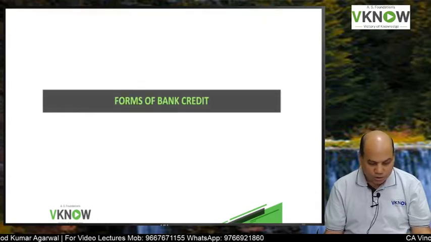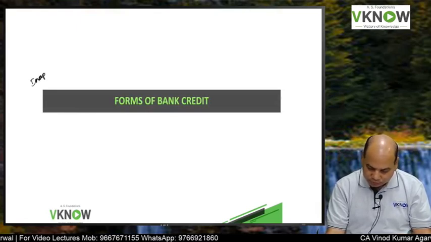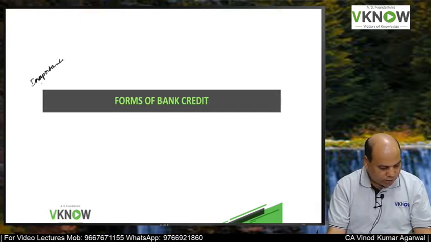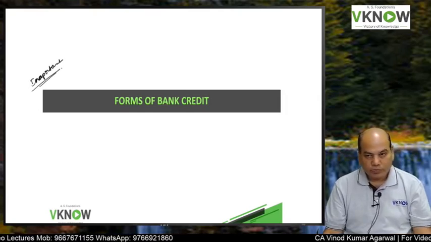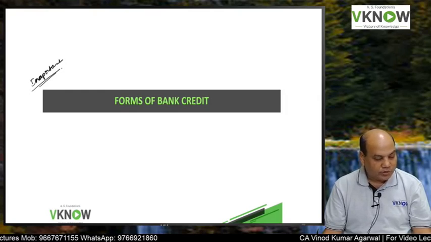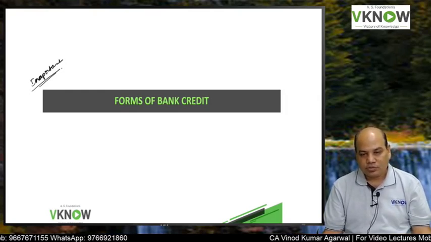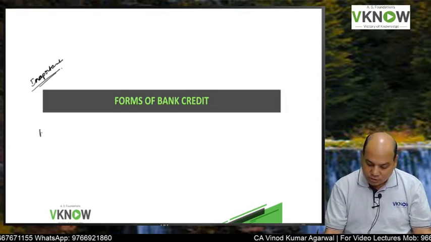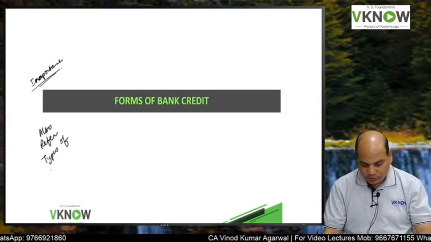Now I will come to important paragraph number 10.29. Important. Why important? Asked in the exam. This entire paragraph is there in the chapter called types of financing also. So you can mention here, also refer types of financing.